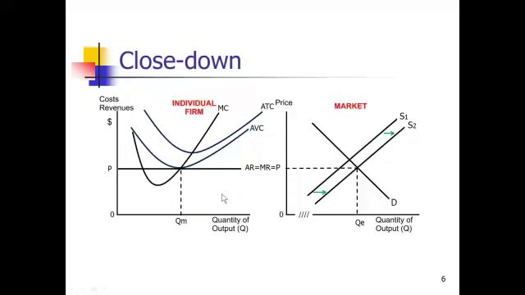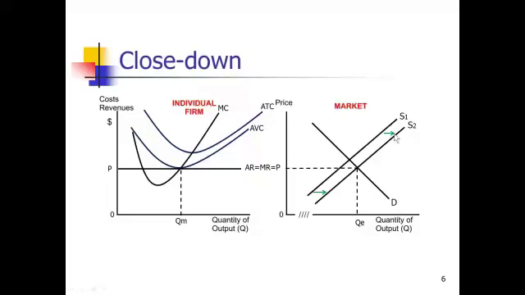Now, it is possible that the market price can fall to such a level where the firm is actually better off closing down. This will occur if the market price falls below minimum AVC.